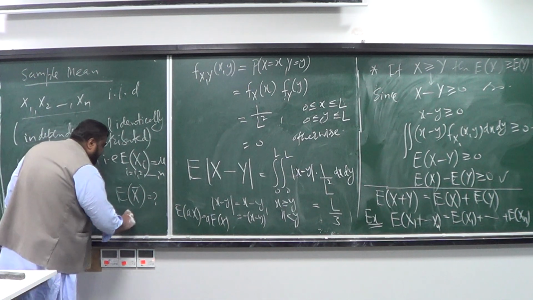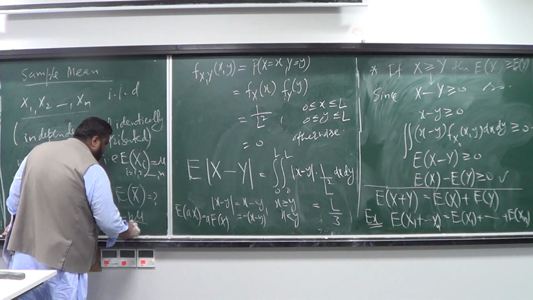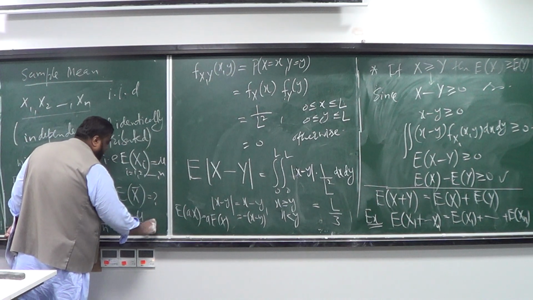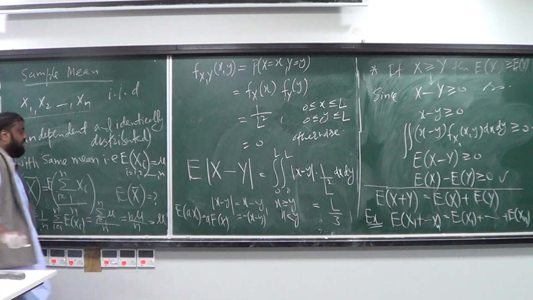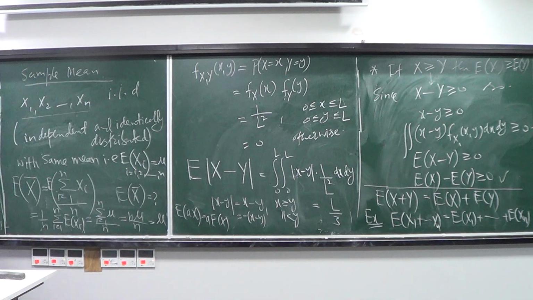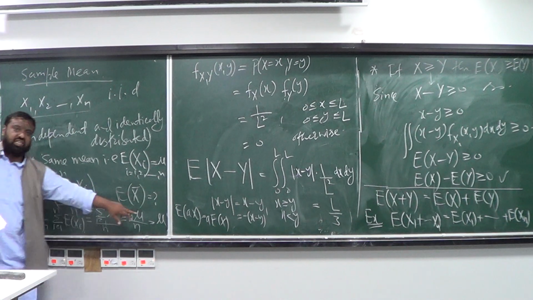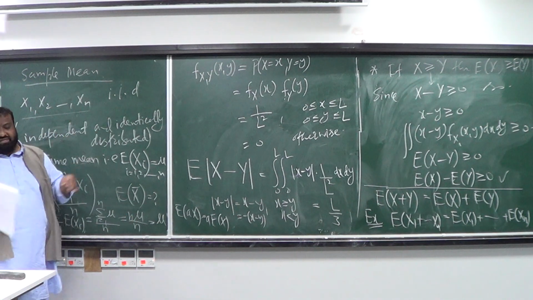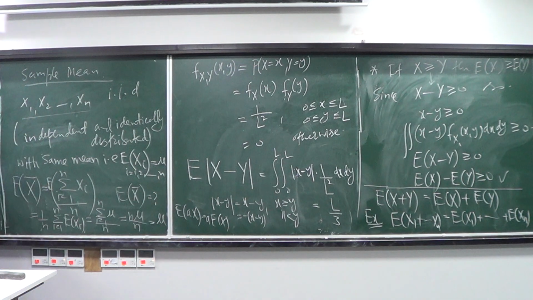So this should be equal to n mu over n. So our outcome is mu. In other words, the average of the sample mean is the same average that each one of these random variables has. So nothing is really changing based on it.